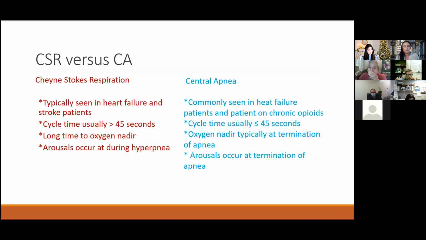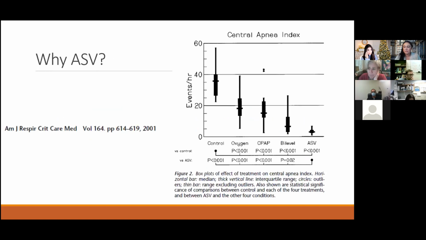Really, what we've seen a lot of is central apnea from the opiate epidemic. Those are really, really difficult patients to treat. And sort of interesting is, even when patients come off opiates, it does seem, at least for a period of time, this central apnea persists. Really their main complaint is arousals throughout the night, poor sleep, and feeling tired the next day.